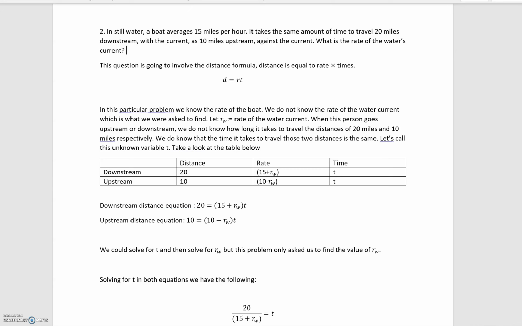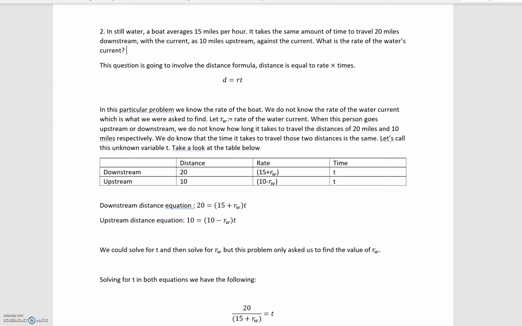So in this particular problem, we know the rate of the boat. We do not know the rate of the water current, so I decided to let a variable r sub w denote the rate of the water current. When we go downstream, we're going 20 miles, and we're going with the current.